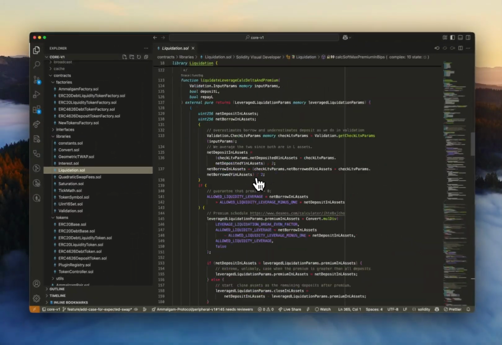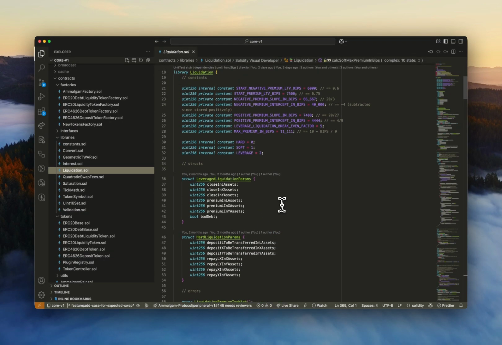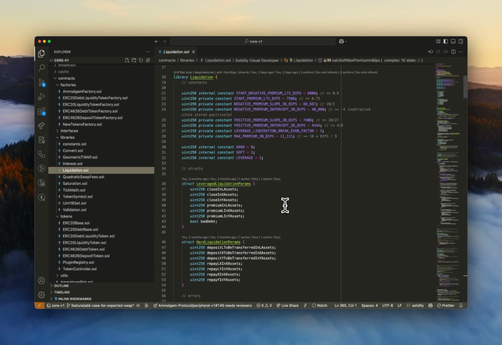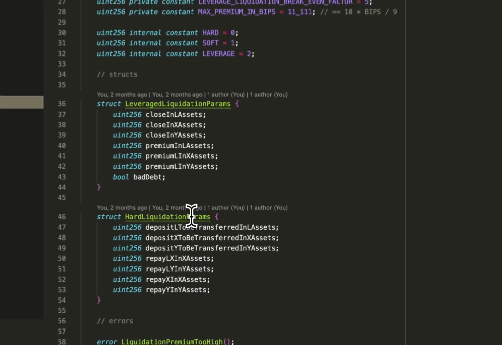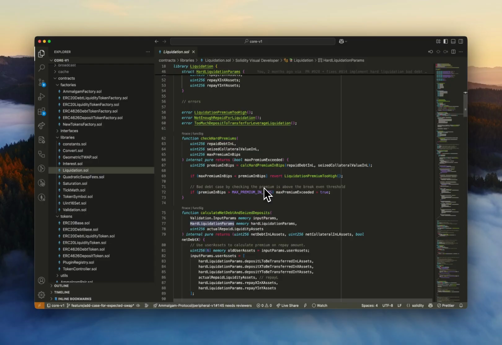Liquidations is probably something that I could make a whole video on, but just at a high level, the way hard liquidations work is we evaluate the positions' loan to value, and then use a Dutch auction where the premium is determined by how far the loan to value has exceeded the 75% loan to value threshold that is allowed.